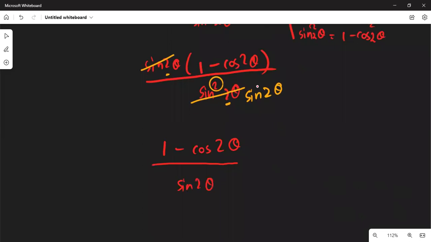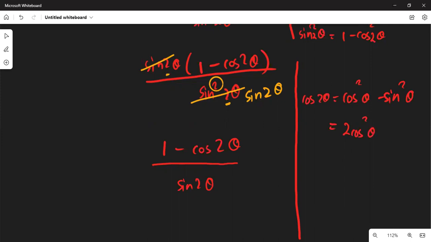All right, so there are so many ways that you could have done this, and I will know from our identities, cos 2 theta, guys, has got 3 identities. Remember, cos 2 theta can be written as cos squared theta minus sine squared theta. The same cos 2 theta can be written as 2 cos squared theta minus 1.